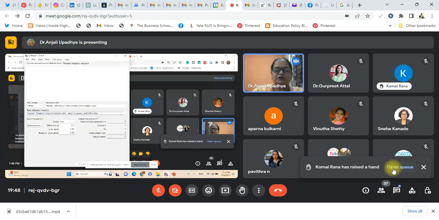It is an a priori computation. Now you can see here the input parameters are tails, one tail or two tail. Normally we will take two tails. Then the effect size d. Whenever I click on effect size, I will find three levels.